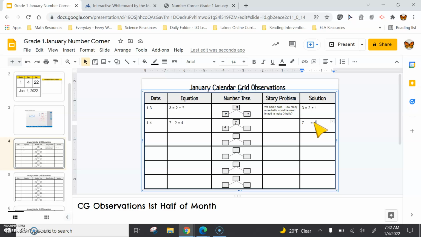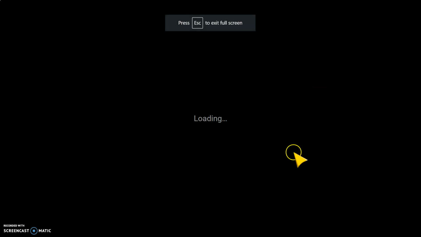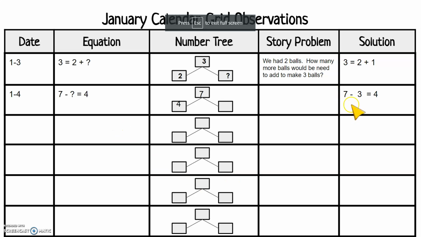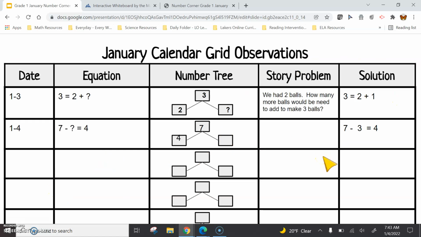How many are left? 1, 2, 3. So 7 minus 3 equals 4. 7 minus 3 equals 4. That's the answer to our story problem.